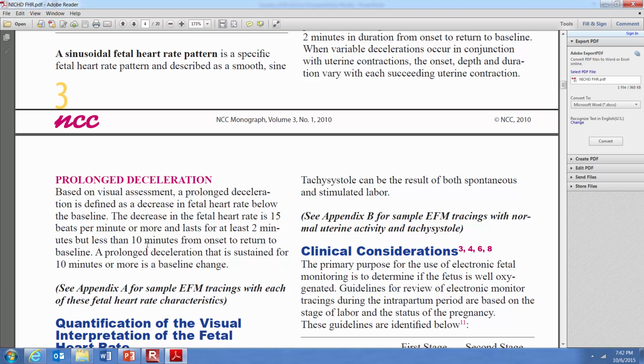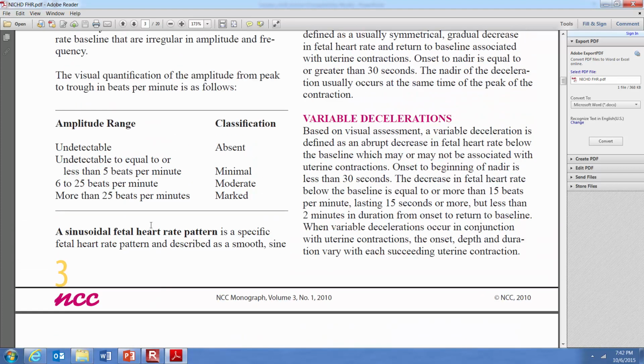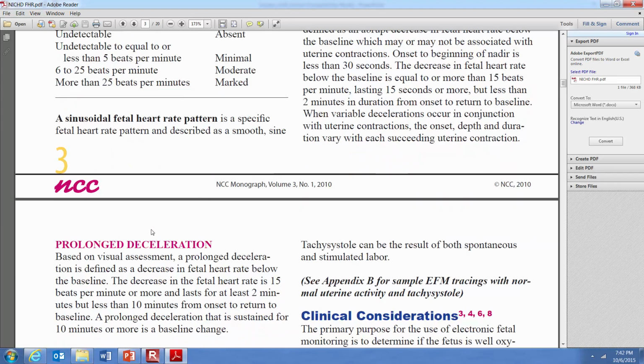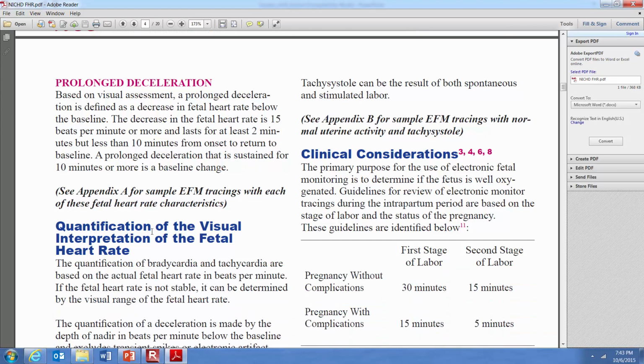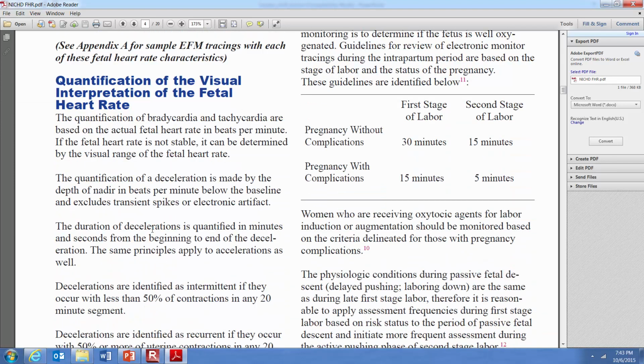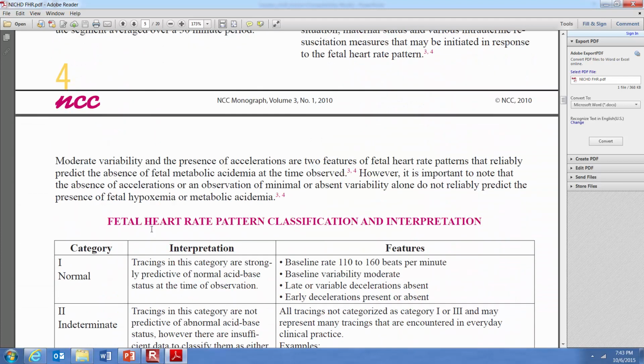If it lasts longer than 10 minutes, what is it? It's a baseline change. Okay? Now, if it's lower than 110 beats, then it's bradycardia, right? Okay, right.